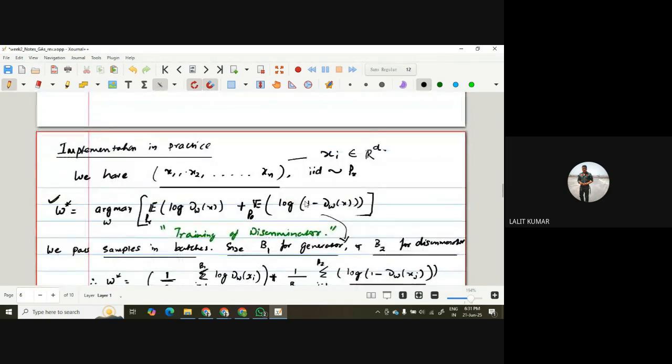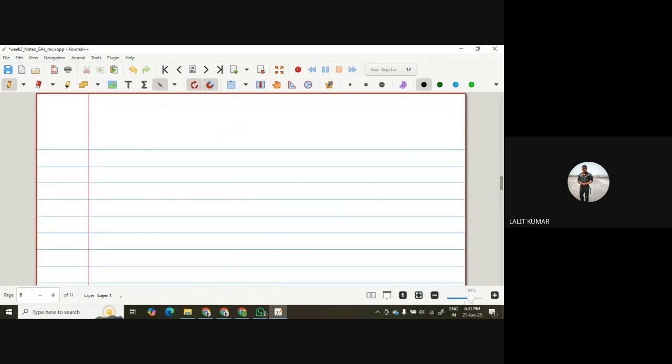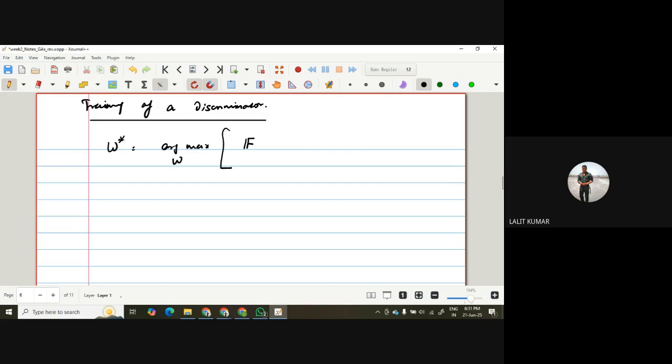When we are training the discriminator, first we write the function W star is equal to argmax W of E over P of X of log dw of X plus E over P theta of log of 1 minus dw of X, but this X is different.